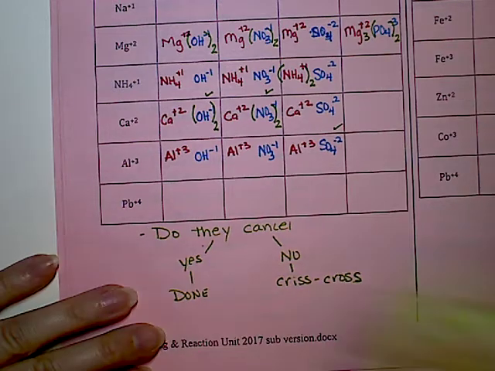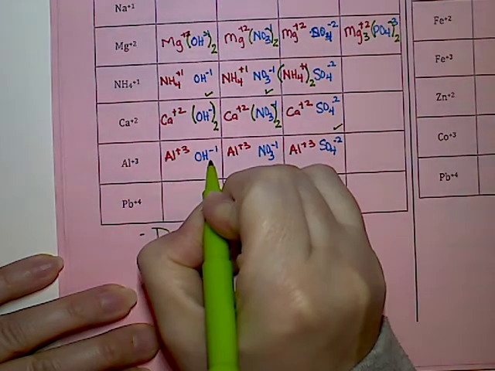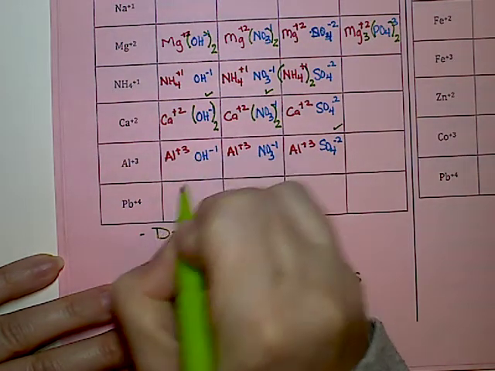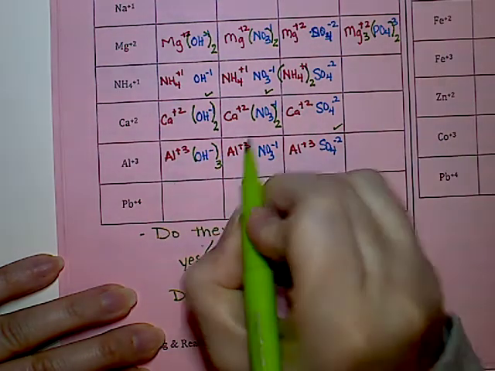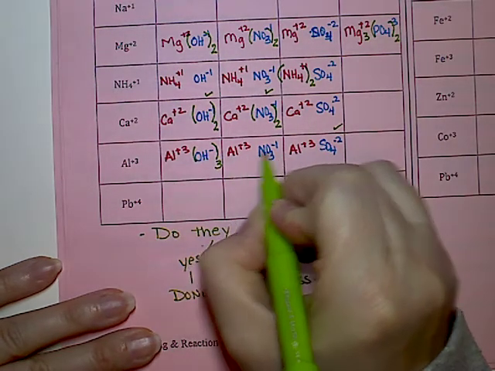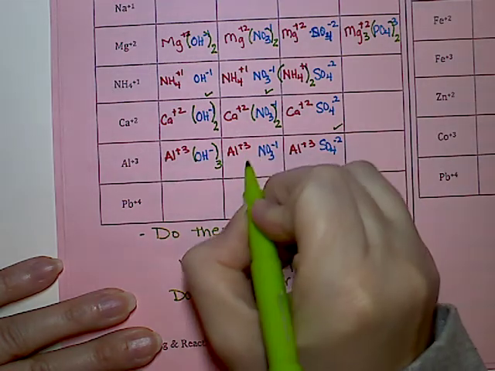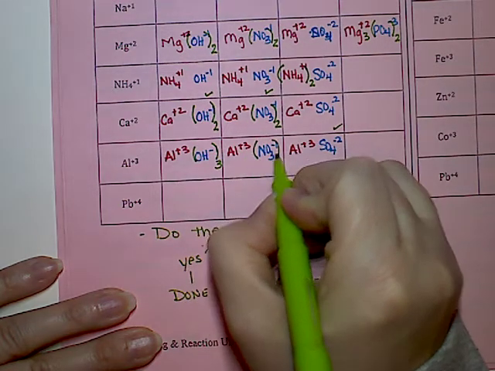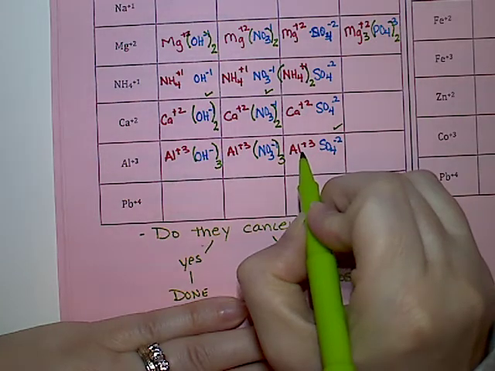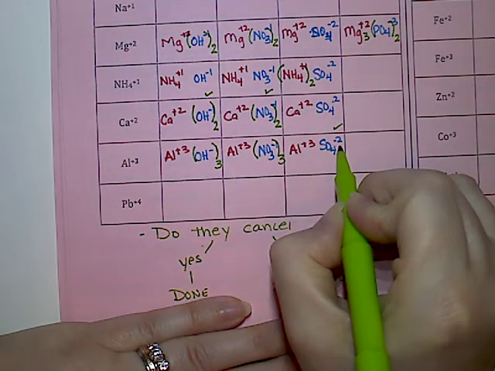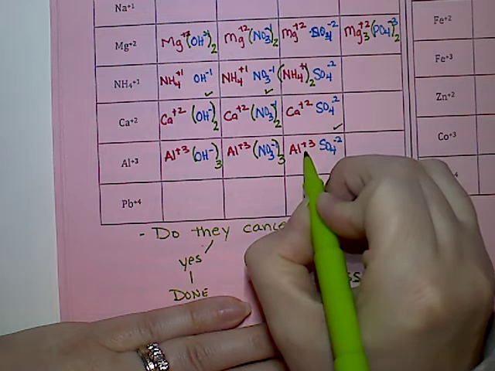So aluminum +3, hydroxide -1, they don't cancel, parentheses, bring my 3 down. Aluminum and nitrate +3, -1, they don't cancel, so parentheses and bring my 3 down. Aluminum +3, sulfate -2, bring my 2 down.